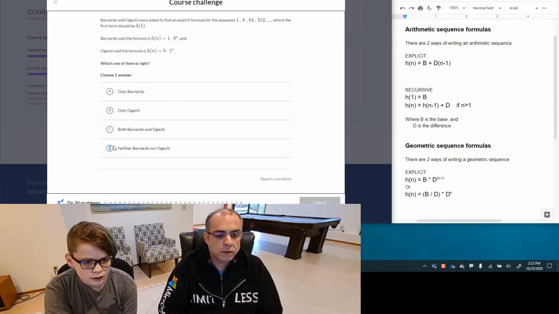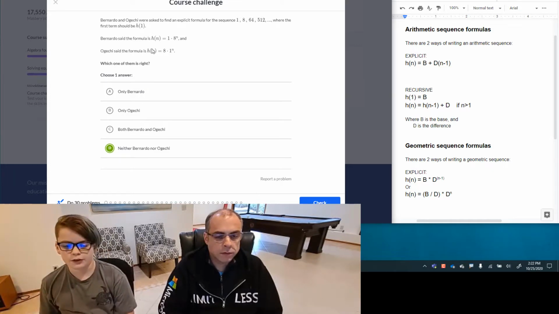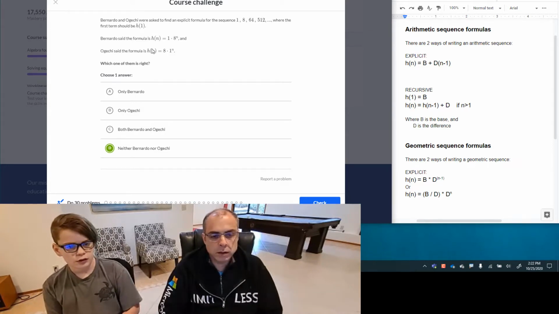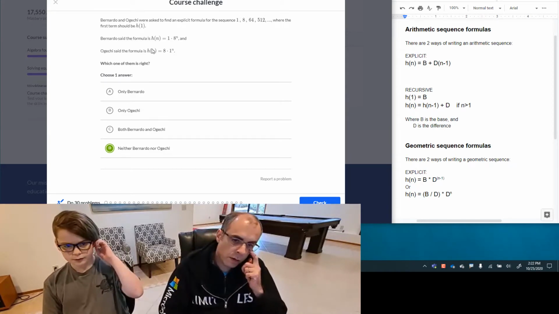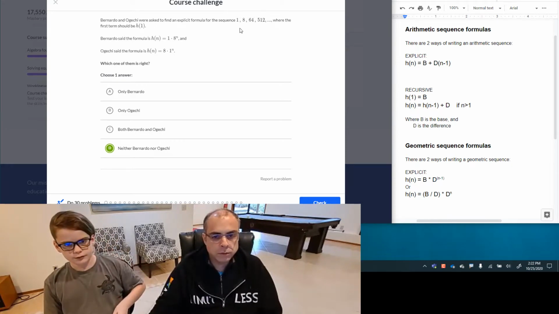Why not? Because there's no n minus 1. There's only n on all of them, and it's not divided. If it was n minus 1, the one that would be right is Bernardo. Because it's not n minus 1, when you plug in 1 it becomes 1 times 8, which is not 1.